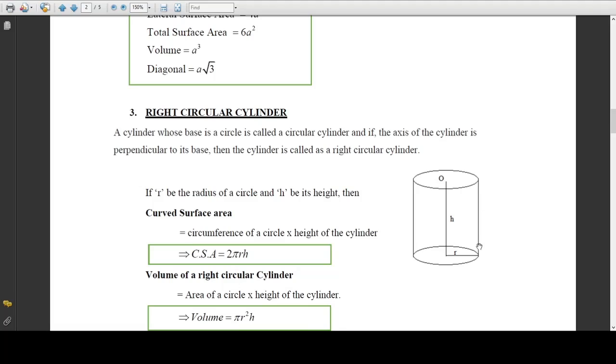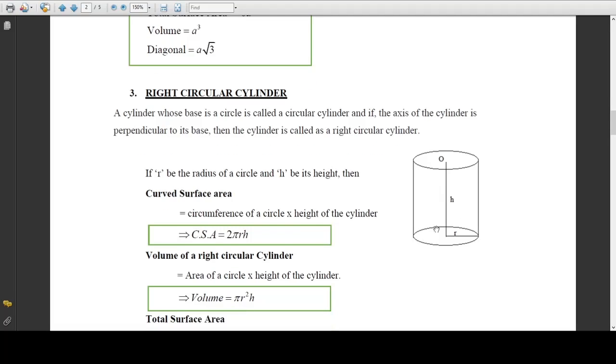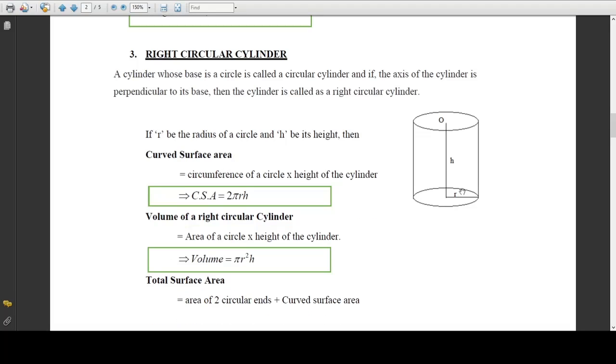It is very easy to remember this, because 2 pi r is the circumference, multiplied by h gives the curved surface area. Pi r square is the area of the circle, just multiply by h to get the volume of the cylinder.